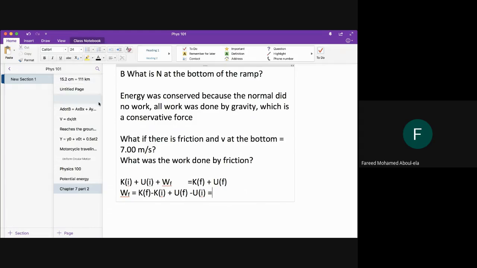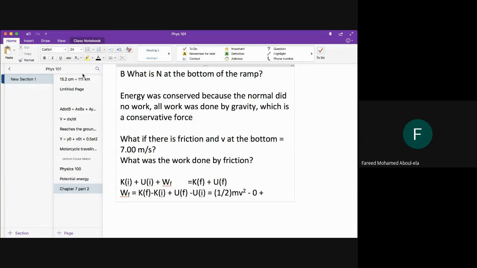Okay, so now the final kinetic energy is 1/2 mv squared. And the initial kinetic energy is 0.